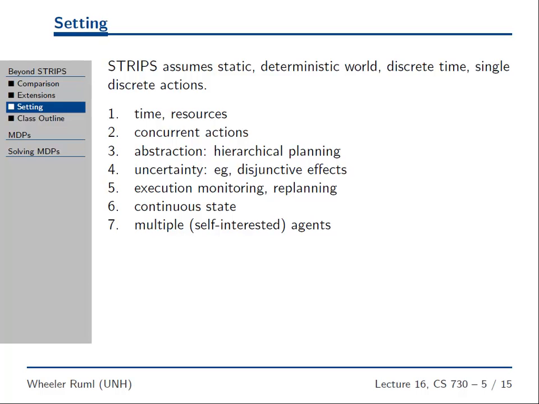We're not going to deal with most of these in the class, so they make fine projects. Continuous time, resources like battery level, concurrent action, the parallelism that some of you are dealing with. Hierarchical planning is a topic that was popular in the 90s and is now coming back.